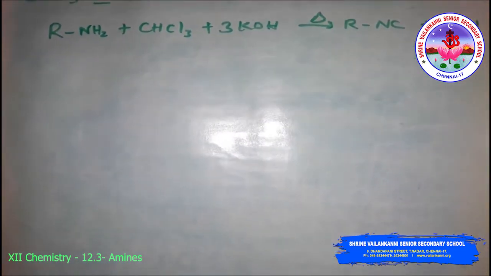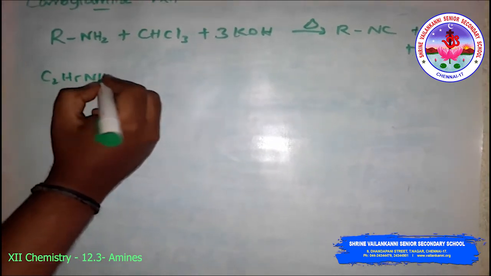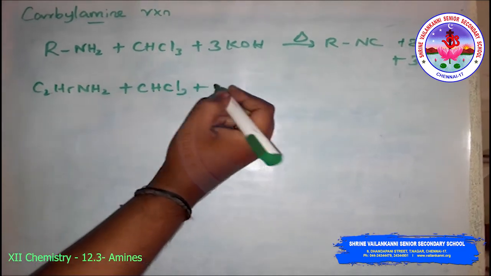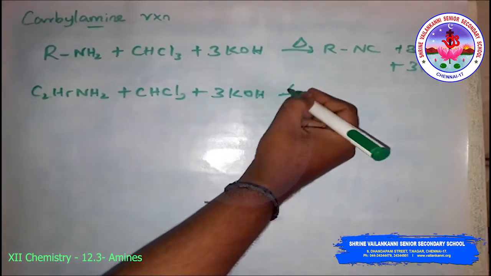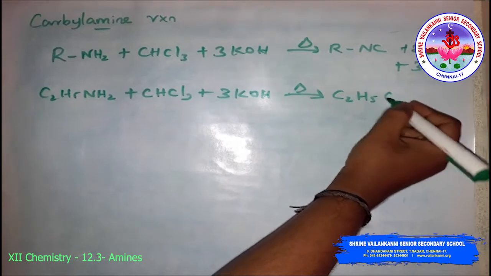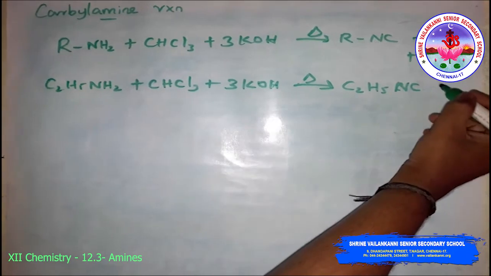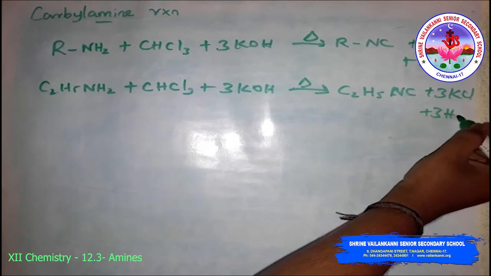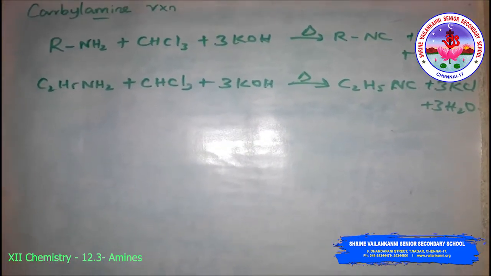The example reaction: C2H5NH2, ethylamine, reacts with chloroform in the presence of alcoholic KOH on heating to give C2H5NC, that is ethyl isocyanide, then 3 moles of KCl plus 3 moles of water. So this is the example reaction. And the next reaction is the reaction with nitrous acid.